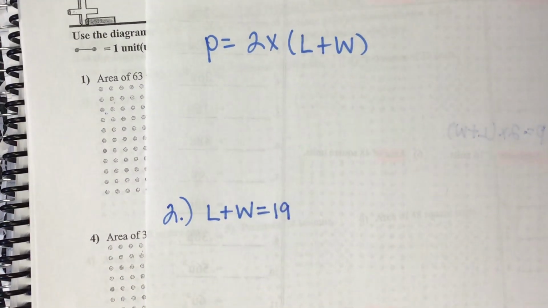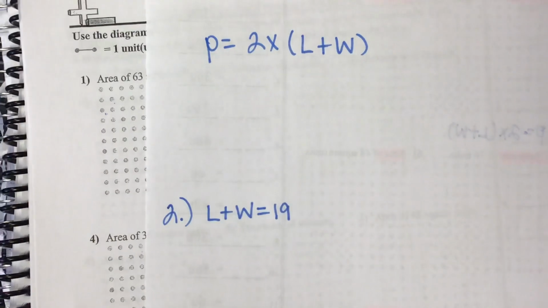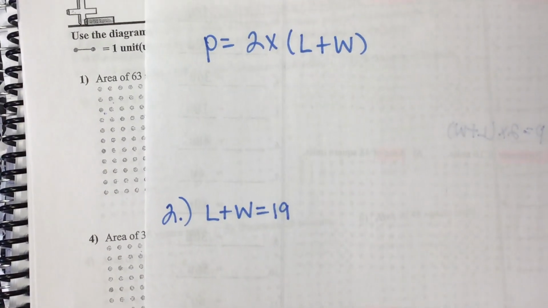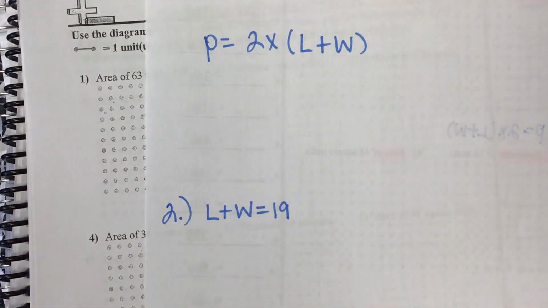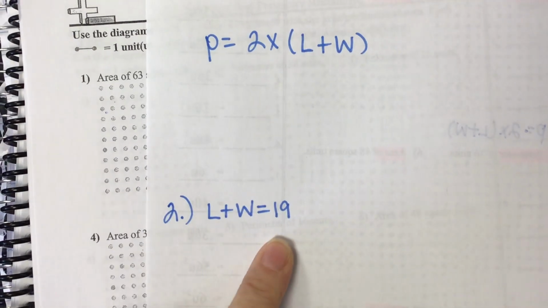So what is a possible length and width that I could have for this rectangle? Chloe, what would add up to 19? Give me 2 numbers. We're not talking about multiplying, just adding. 2 numbers I can add to get 19.